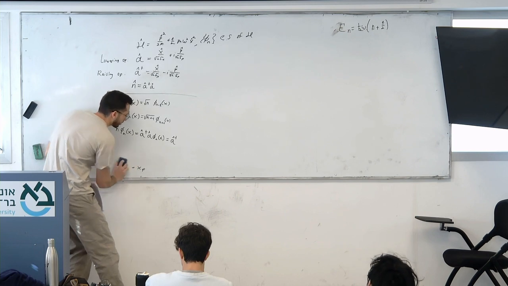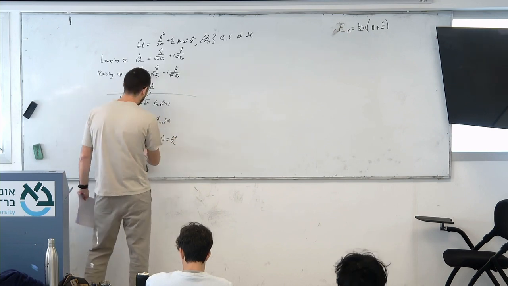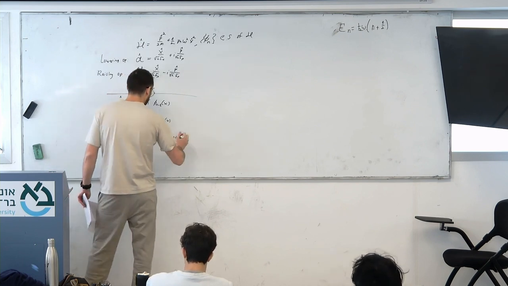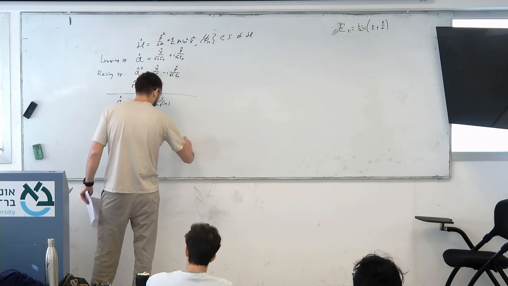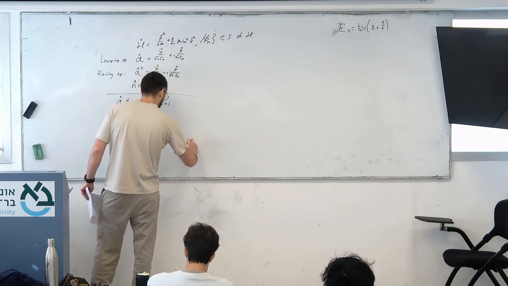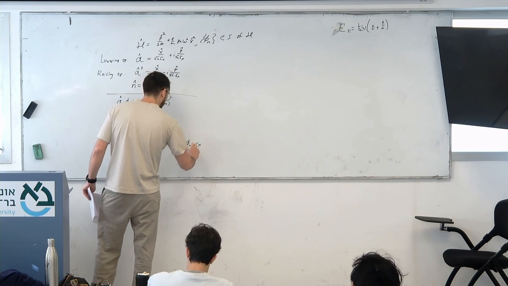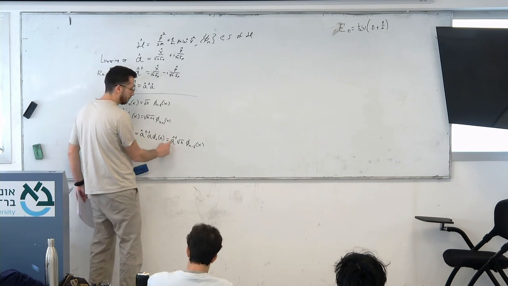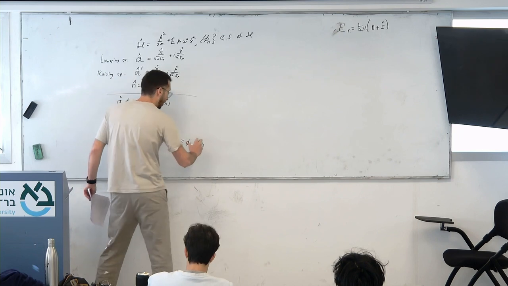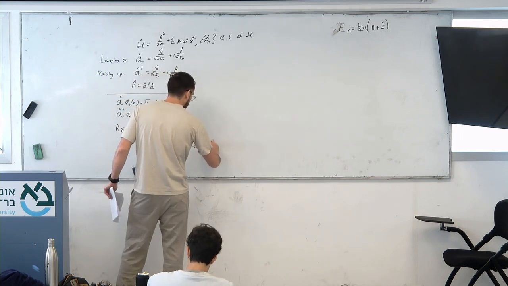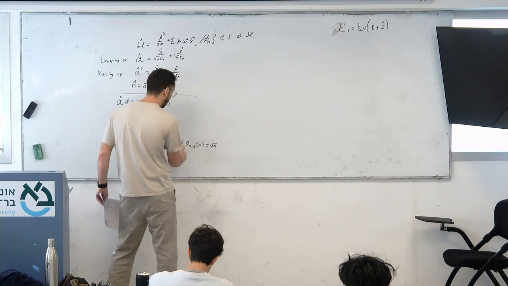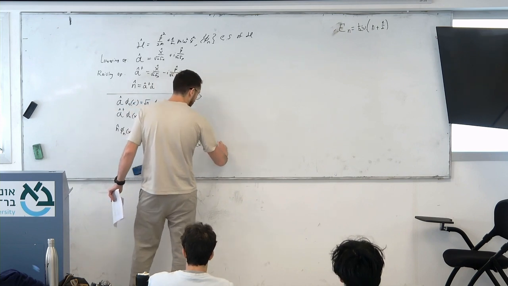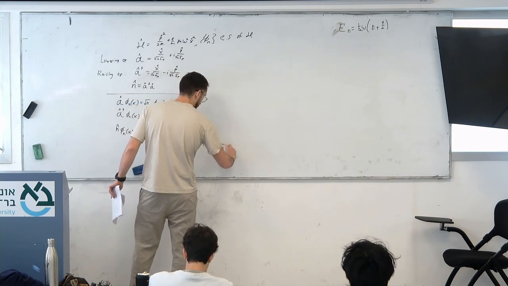Anyways, here we have A dagger. We apply the lowering operator on phi n of x, so we get square root of n times phi n minus 1 of x. This is just a scalar, so we can take it outside and apply the A dagger operator, and we get square root of n times square root of n minus 1 plus 1, phi n of x.